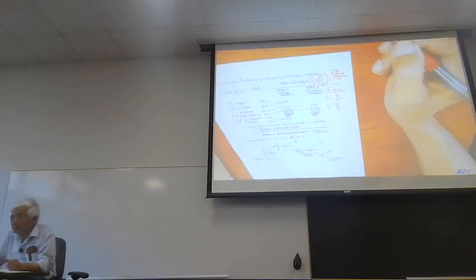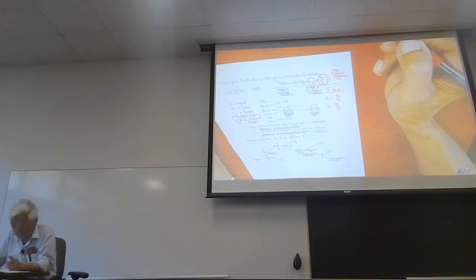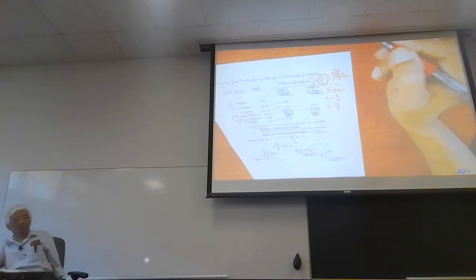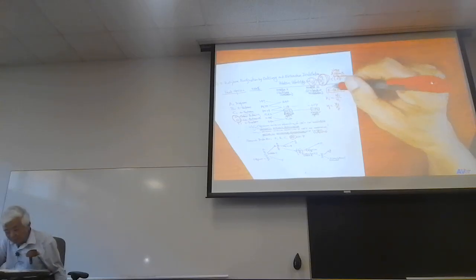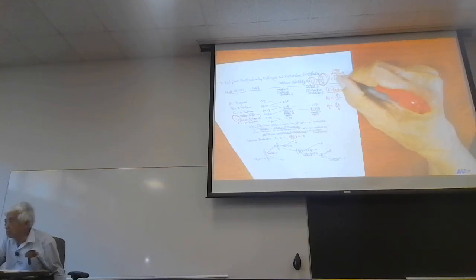Your column may need a lot of equilibrium stages, very tall. Okay? It costs you more. So, in situations where relative volatility is less than 1.05, normally we would not use ordinary distillation.